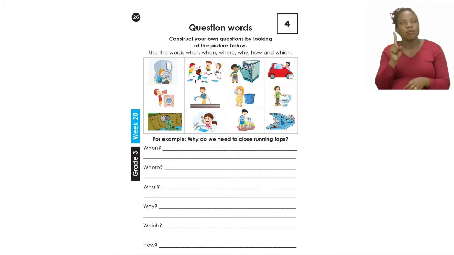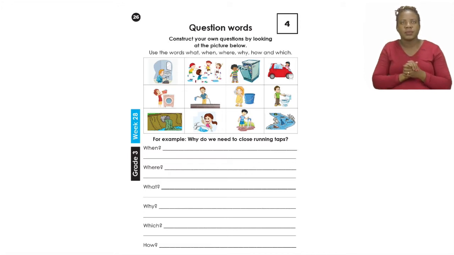Now there you will see some pictures, and just at the bottom of the pictures an example was done for you. It says there, an example of the sentence is, why do we need to close running taps? With a question mark at the end.